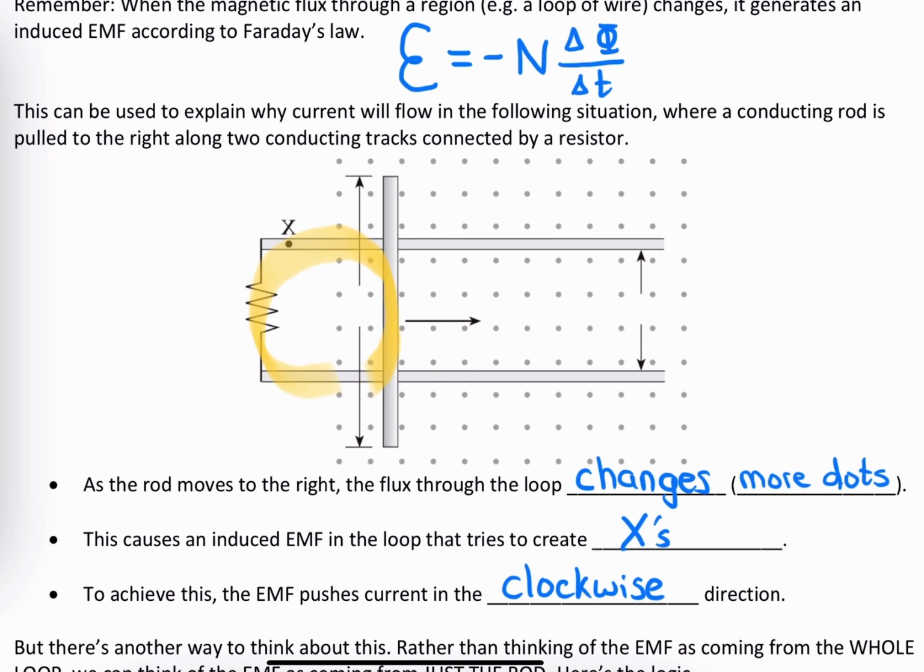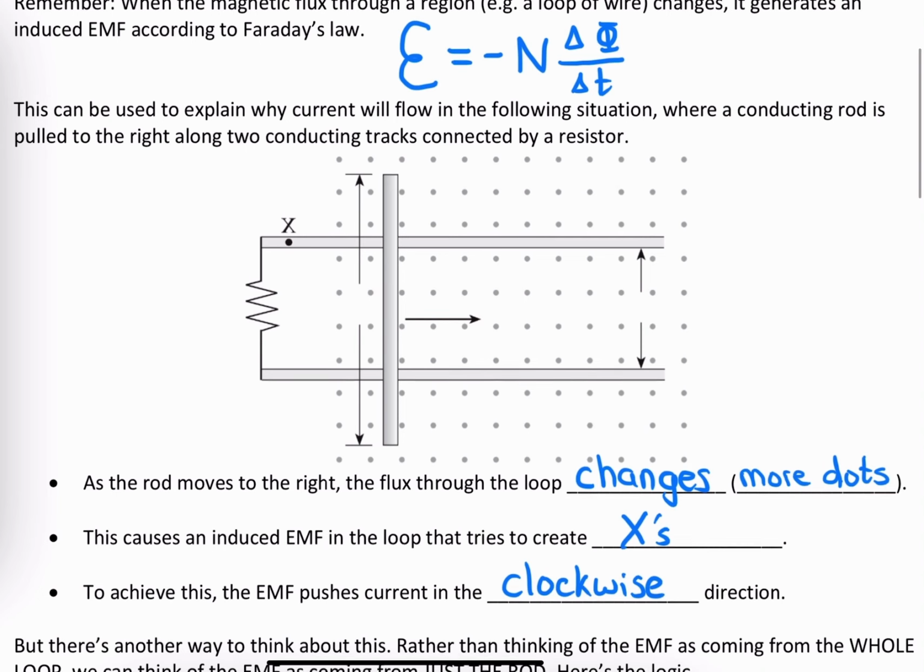Then your fingers will wrap around that piece of the loop you're holding, and your fingers on the inside of the loop will be pointing into the screen, creating X's to fight the increase in dots. Okay, so by applying Faraday's law and Lenz's law, we've determined that if I take this conducting rod and move it to the right, I will get a current flowing in this loop in a clockwise direction. But there's another way to think about this.